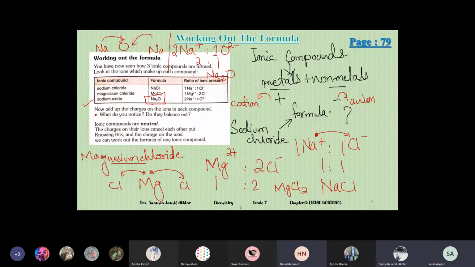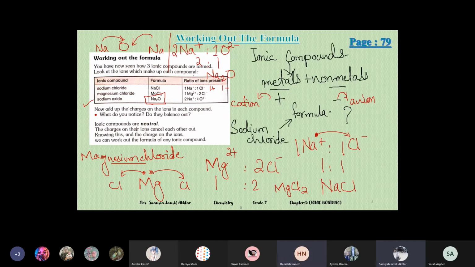Now add up the charges on the ions in each compound. What do you notice? Do they balance out? See in the table, sodium and fluoride: there is one positive and one negative, balanced. The charges are balanced.